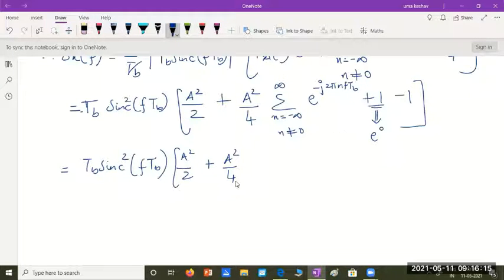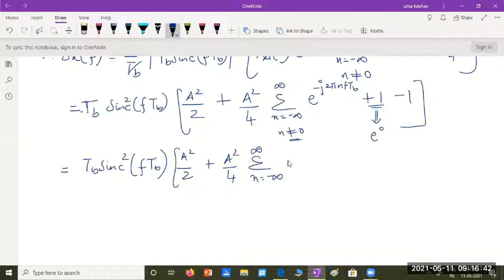If we write this plus 1 as e power 0, what will happen now in this summation? I can take the summation from n is equal to minus infinity to plus infinity, and I need not write the condition n not equal to 0 here, because n equal to 0 means it turns out to be plus e power 0, which is already considered.